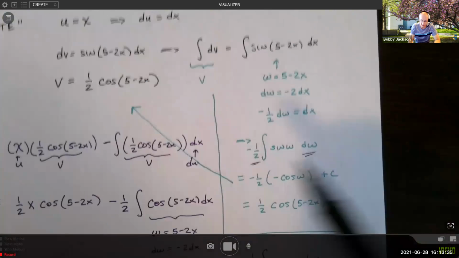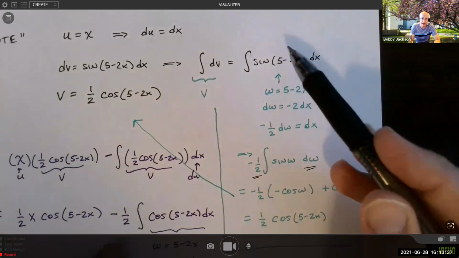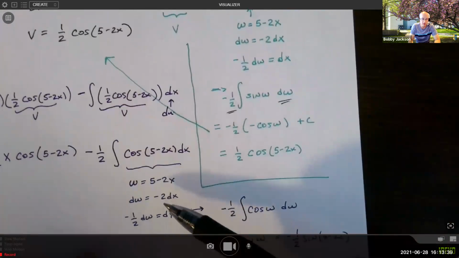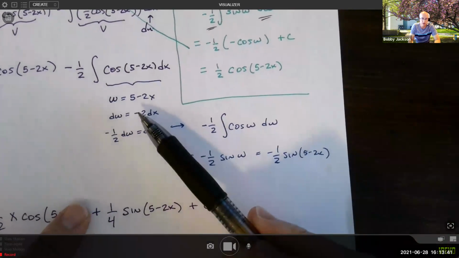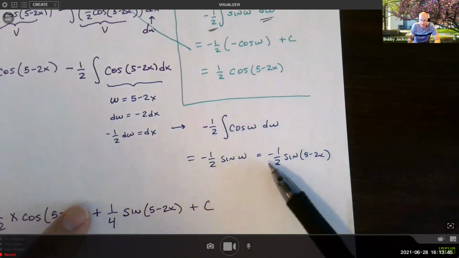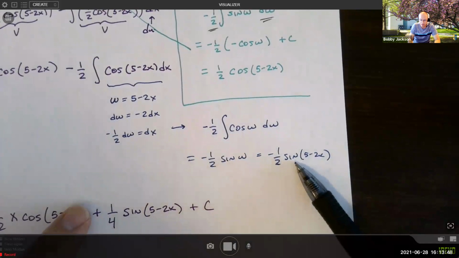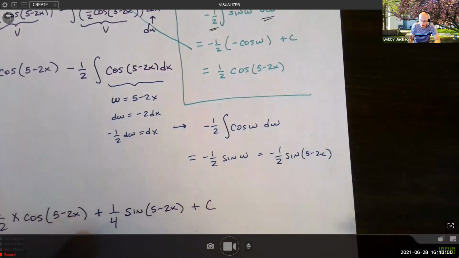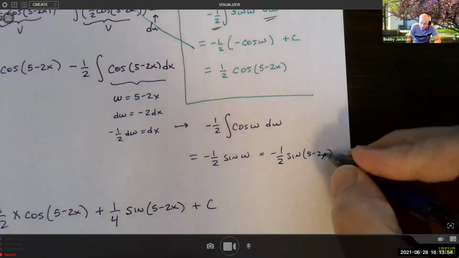Well, it's very similar to what we just did with a sine. Some of you, again, can do this in your head. If you do all the substitution just like we did before, we get -1/2 sine of 5 minus 2x. And so that's the antiderivative.